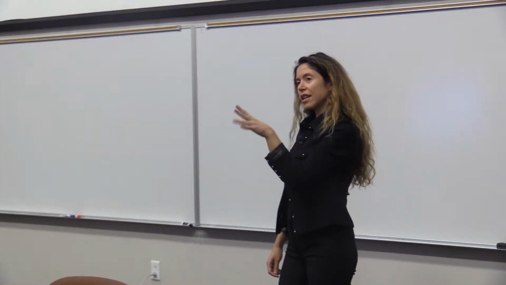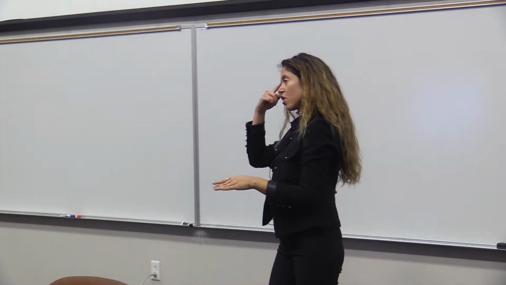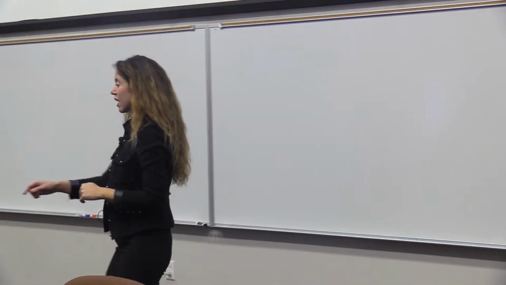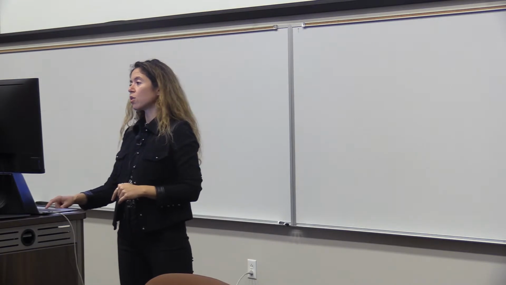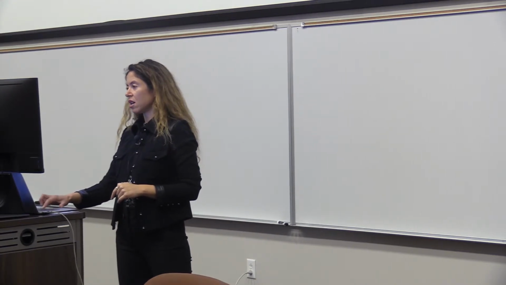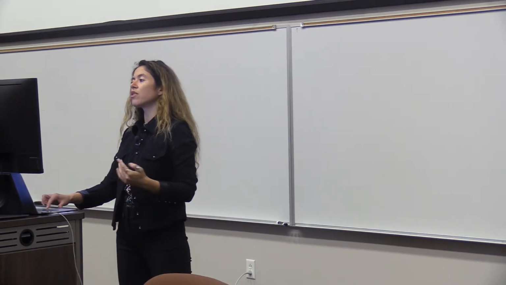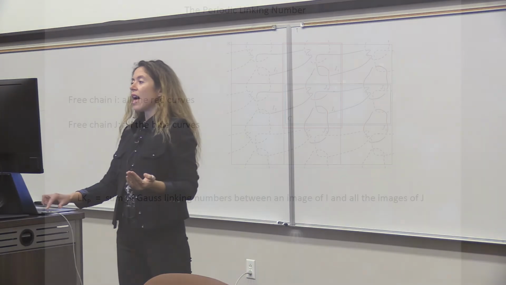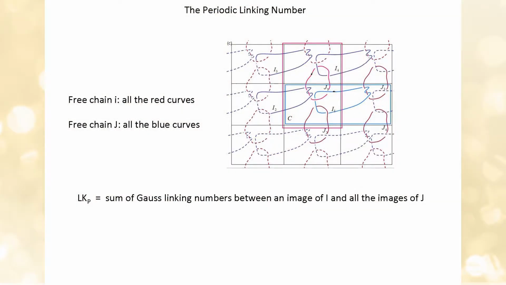It is almost the same idea as what I said before. We unfold one image, let's say of the blue curve, and we take the sum of linking numbers of this blue curve with all the images of the red curve. This we call the periodic linking number.